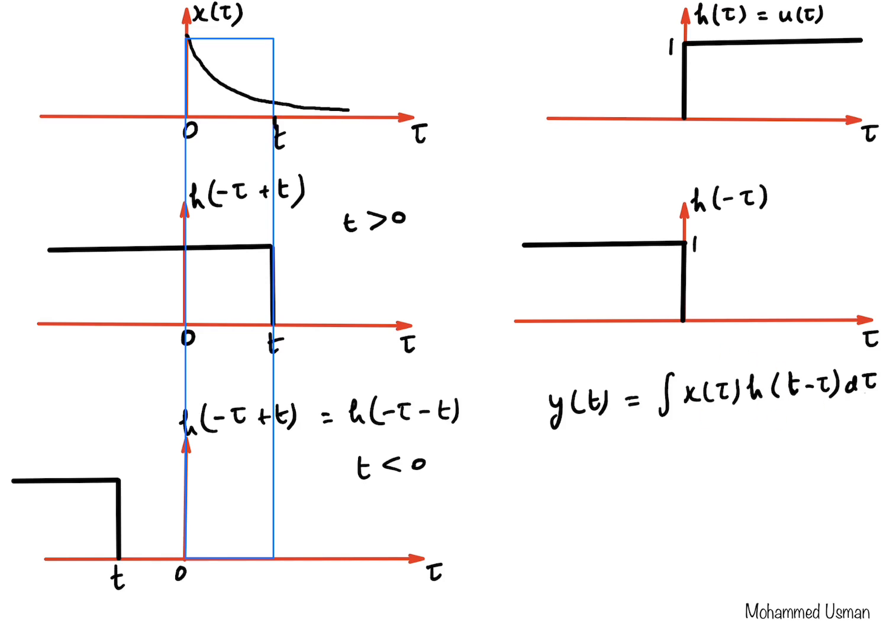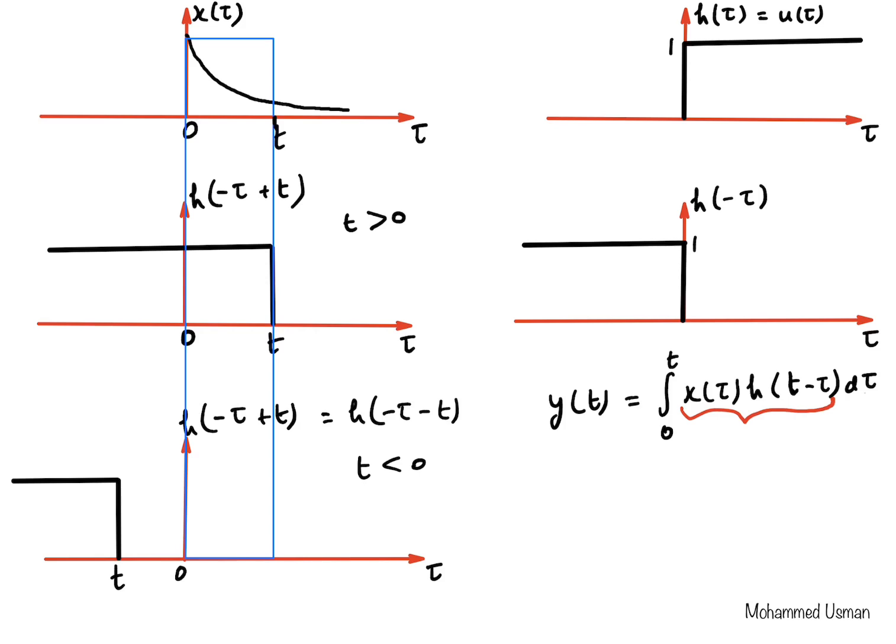This product inside this integral, which I will mark here, is non-zero only when tau is in the range of 0 to t. Only when it is between 0 and t. So we are interested in this integral only for the range 0 to t.